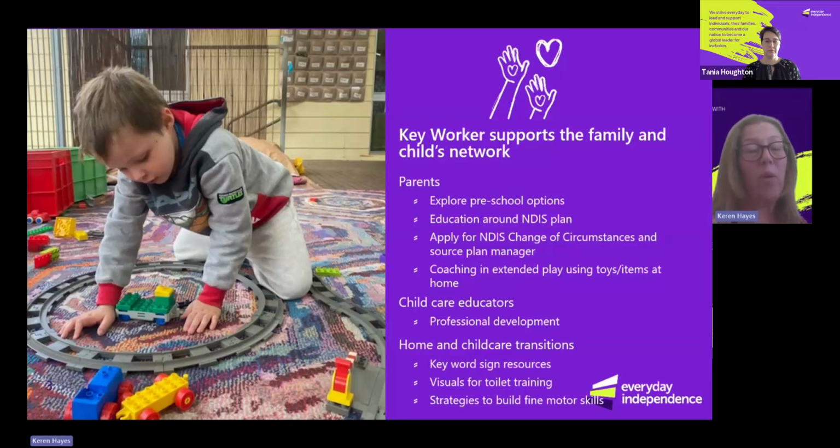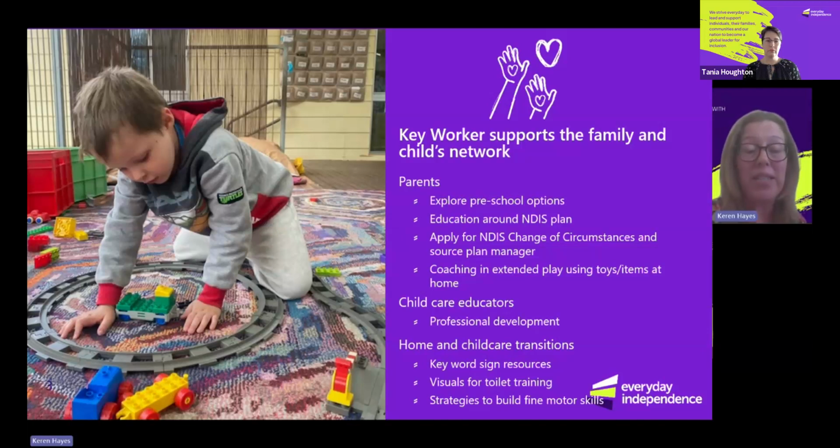We also have spent quite a lot of time working on learning about how the NDIS plan works, where things will go from here now that Sebie has got an autism diagnosis, and how I can support the family with making the most of their NDIS plan. One of the other jobs that we've done is apply for a change of circumstance for the family.